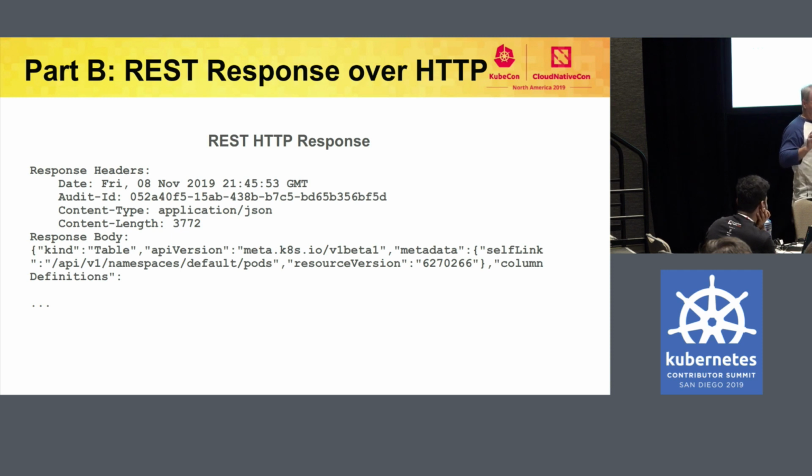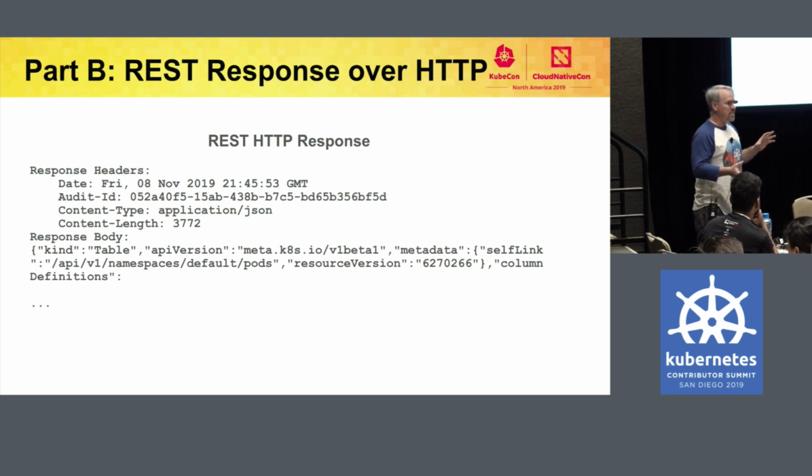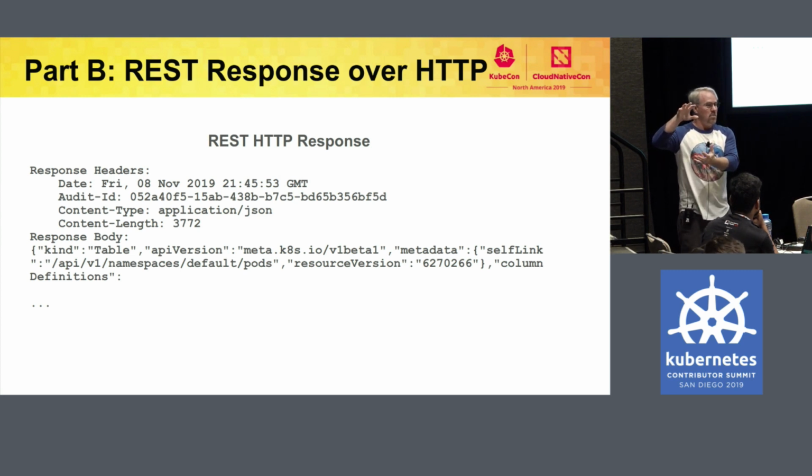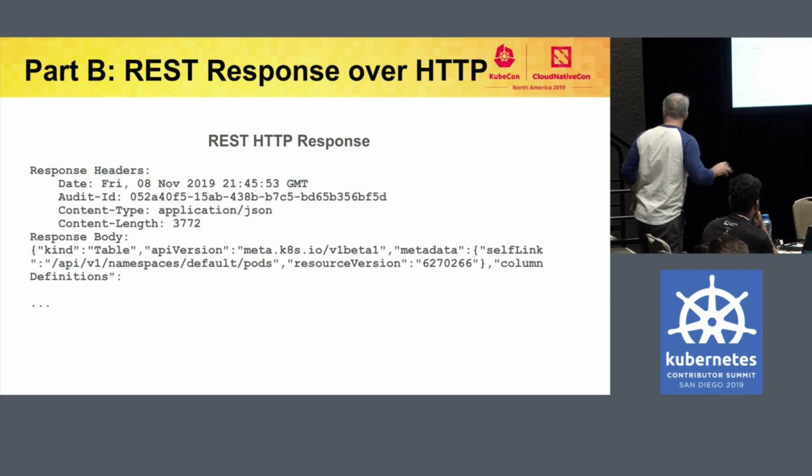What a lot of these classes in the API machinery are built to do is get this blob into a strongly typed Go object, a Go struct, for instance a pod. This is a table, but for that particular type, there's going to be a kind, a version, a group version kind, and I'm going to talk about that in a second.